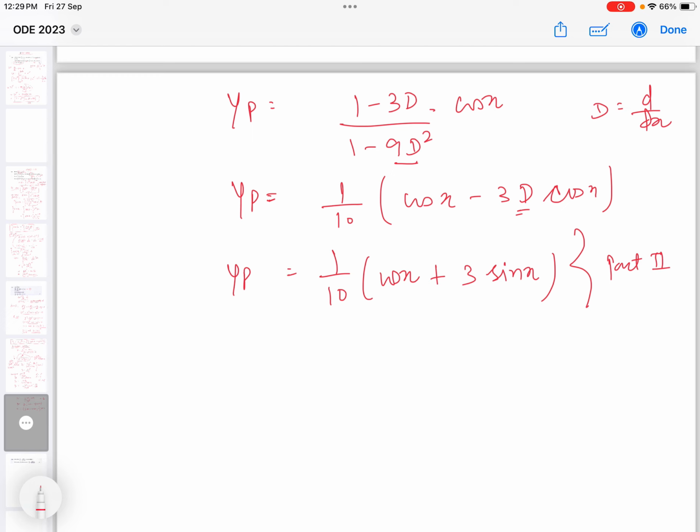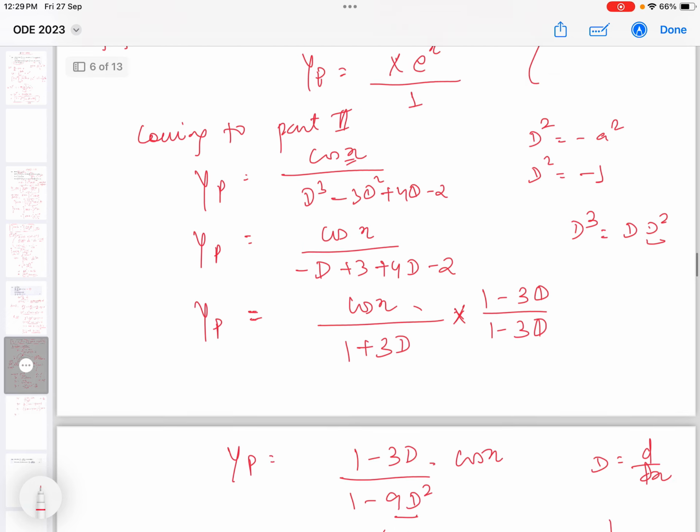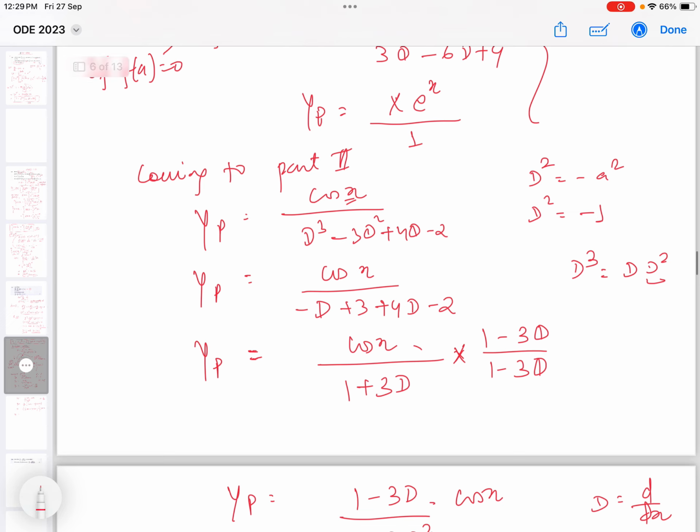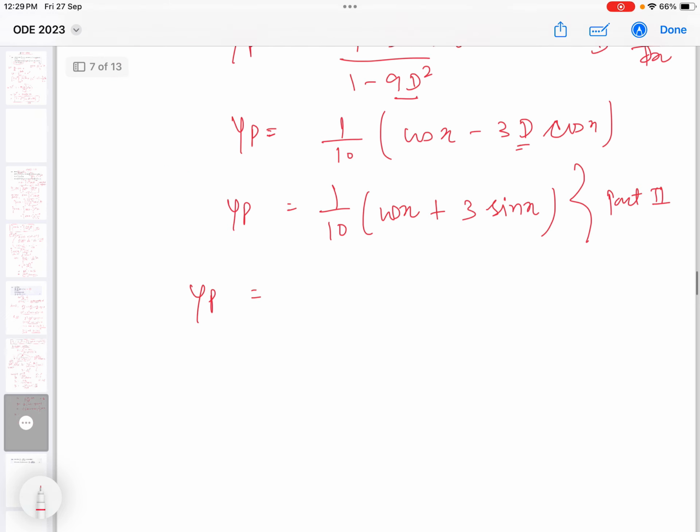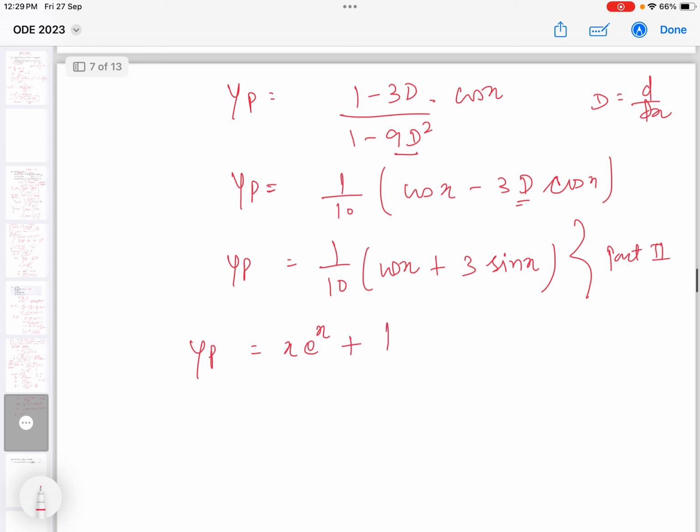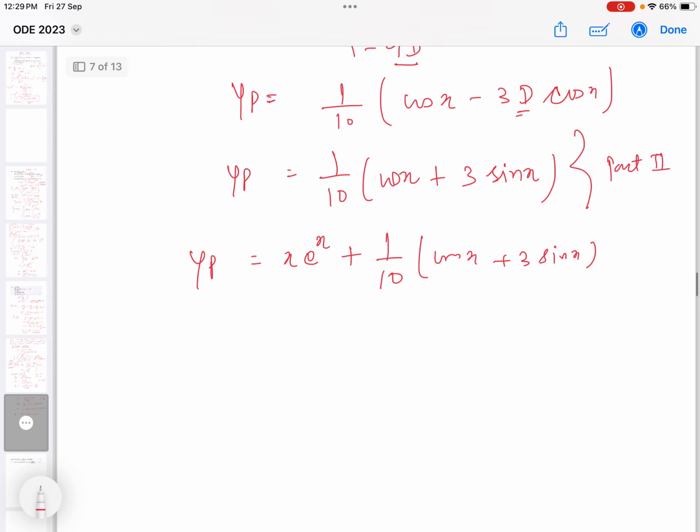Combining part 1 and part 2, y particular is equal to x e to the power x plus 1 by 10 (cos x plus 3 sin x). Now the complete solution y is the complementary function plus the particular integral.